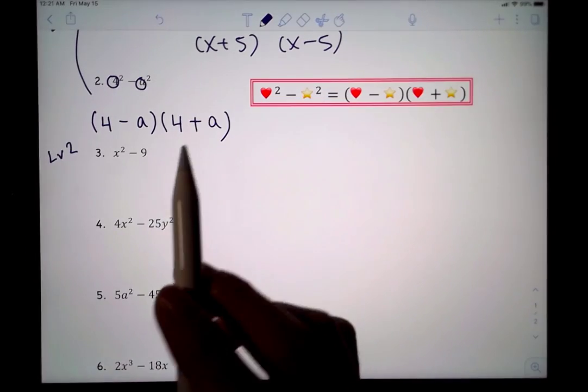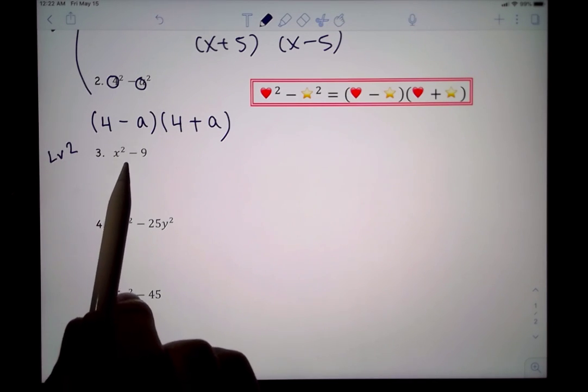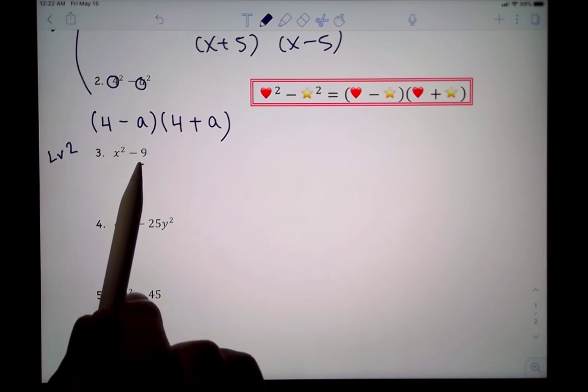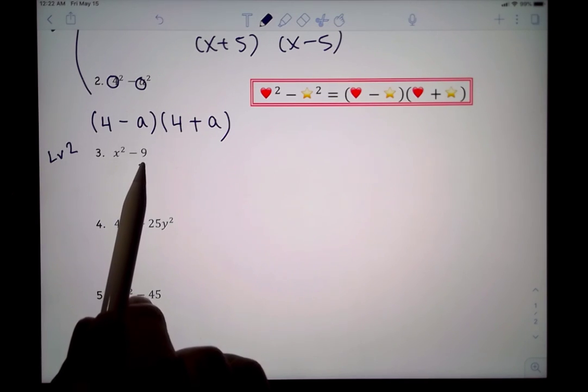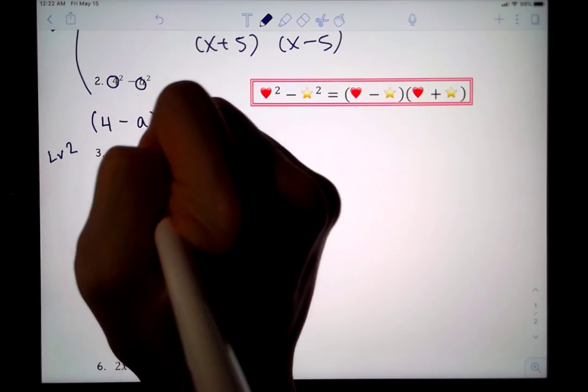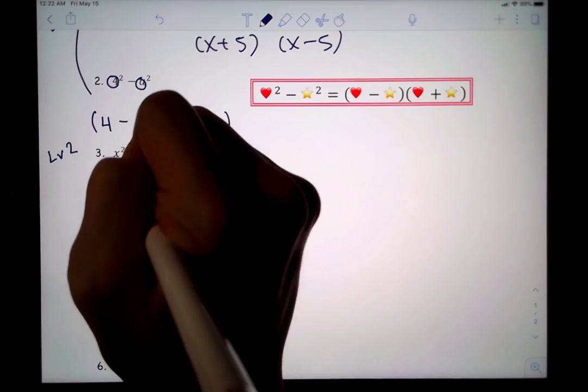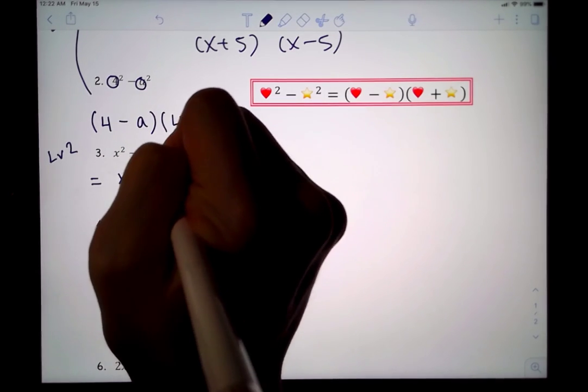This is level 2. So what? You have x squared minus 9. This is not a square number, right? But you know, what's 9? 9 is 3 squared. So you can change it to square form. So you can do x squared minus 3 squared.